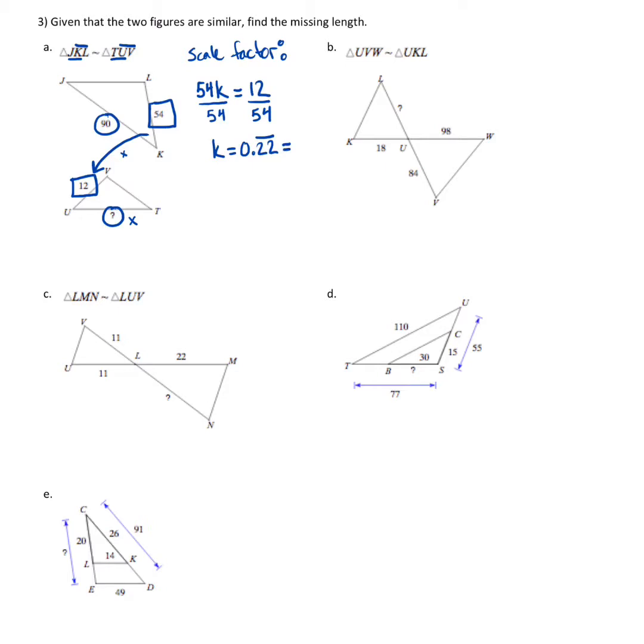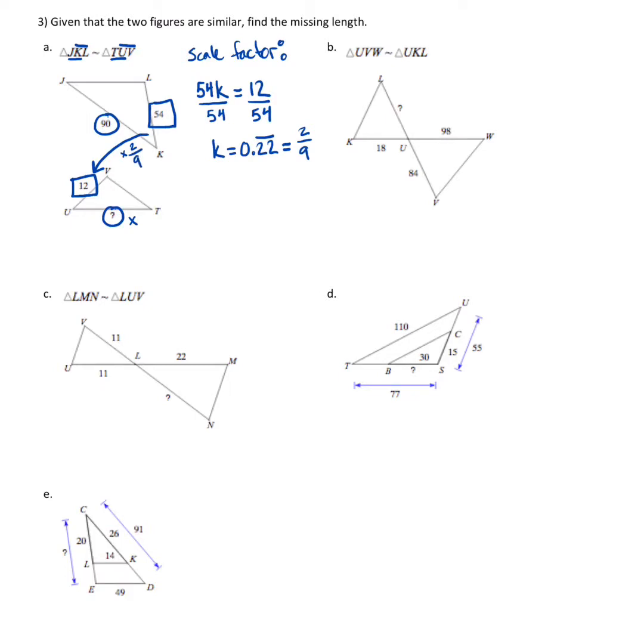Because it's an ongoing decimal, and I can't type that correctly in my calculator, I'm just going to reduce that fraction to get something a little bit more precise. So 12 divided by 54, I get 2/9. So I just knew that I had to multiply this by 2/9.